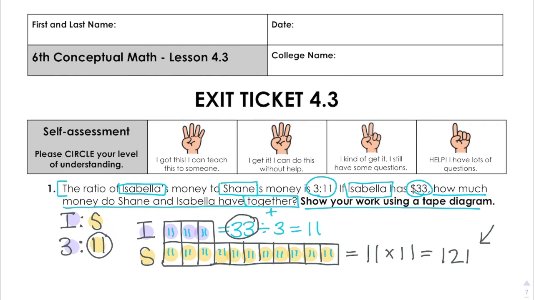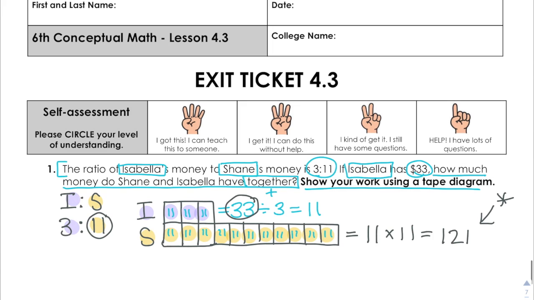Saw lots of mistakes there with your multiplication. A lot of people had 122. Some people had 110, 111. Got to make sure you know your times tables. All right, so the only thing that's left to do is to add the $33 to Shane's $121. So 33, we're going to add these. 3 plus 1 is 4. 3 plus 2 is 5, and 1 plus nothing is 1.